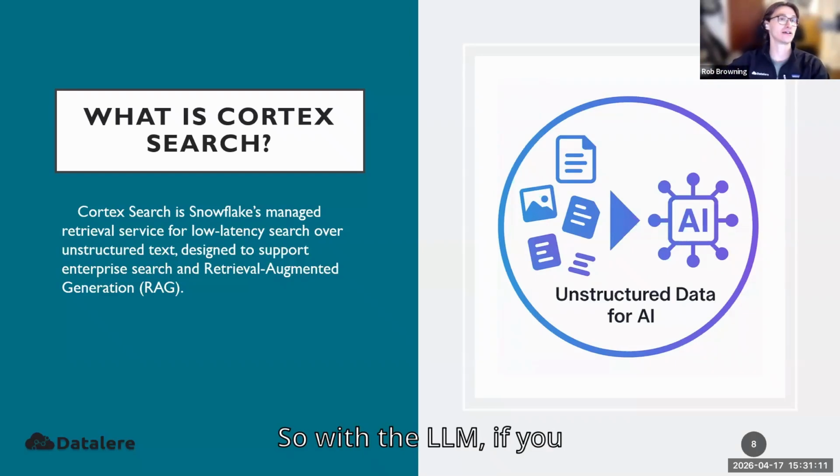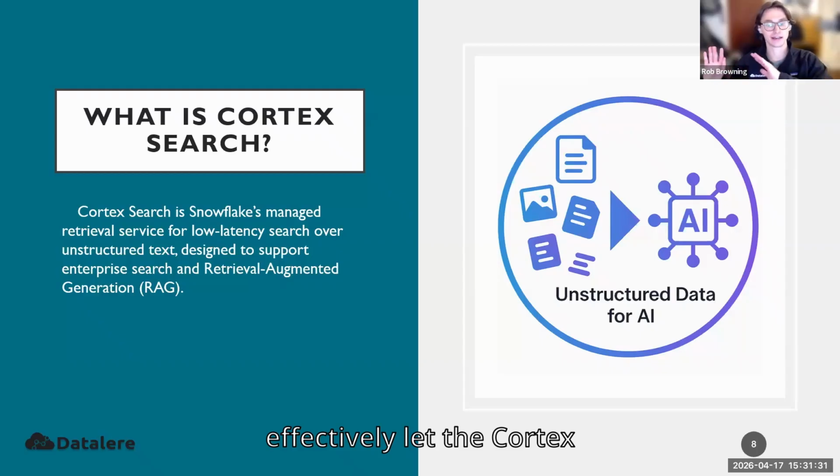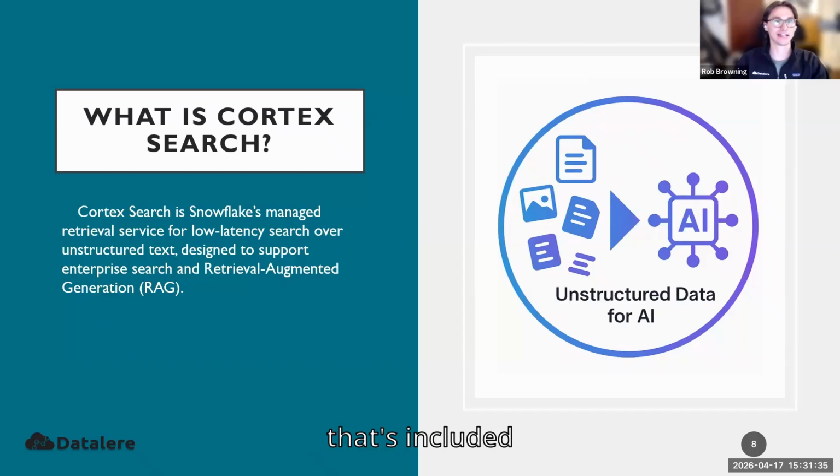So if you were to query a data source for a particular ID or something, the search service would effectively let the Cortex have access to all of that corpus of data that's included, and be able to find specifically any individual chunks of data out of that source.